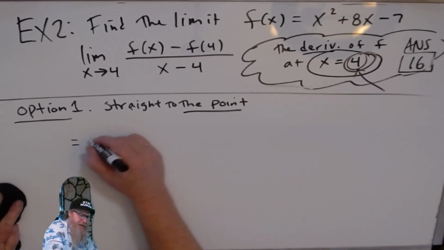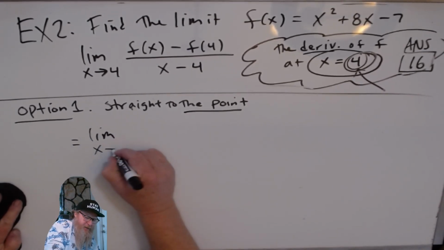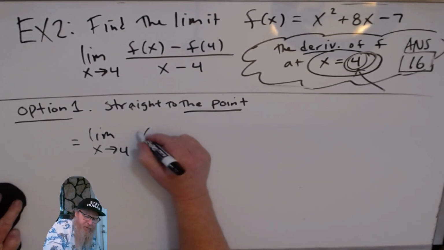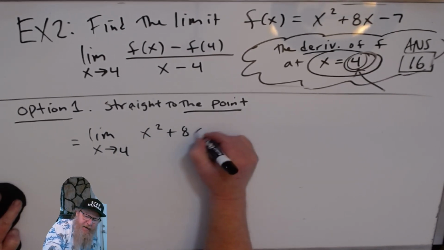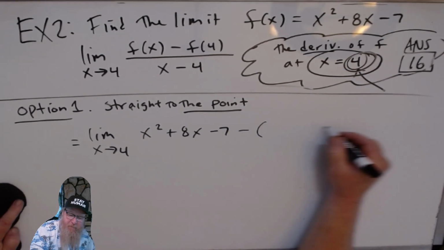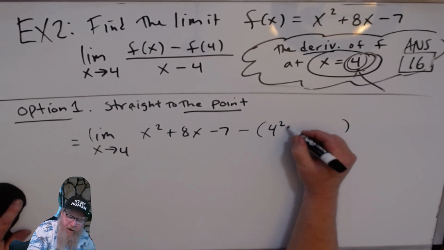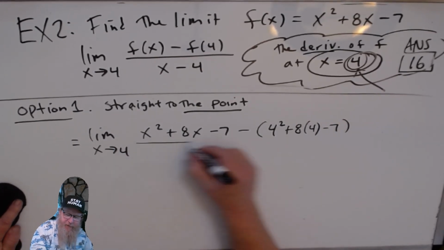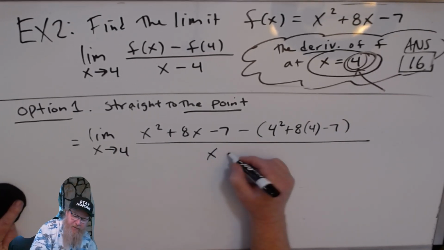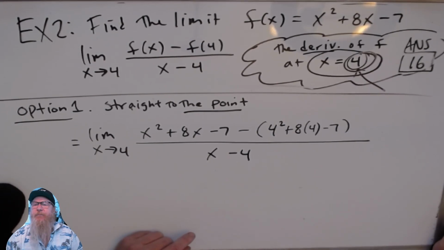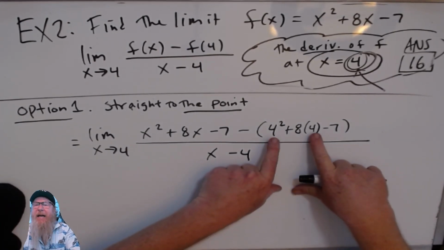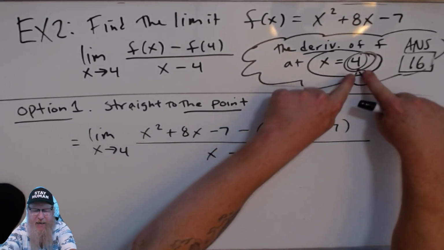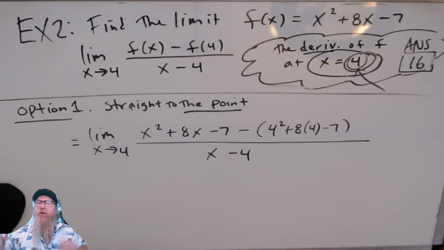So that would be the limit as x approaches 4 of x squared plus 8x minus 7 minus 4 squared plus 8 times 4 minus 7 over x minus 4. So you would not put an a in here. You would put the straight to the point number here, 4.